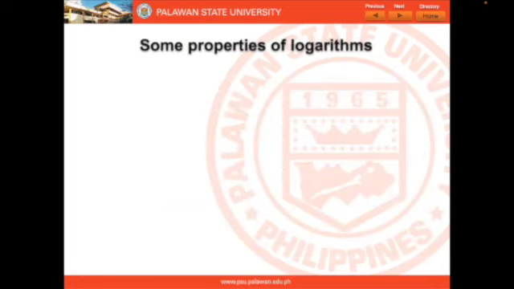Before we go to our lesson proper, let's have another review of some useful knowledge that you have previously learned, that is essential to be reviewed and applied for the following problems involving logarithms and exponential functions.